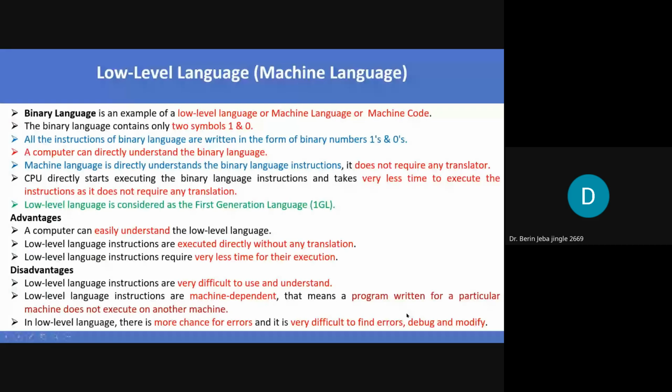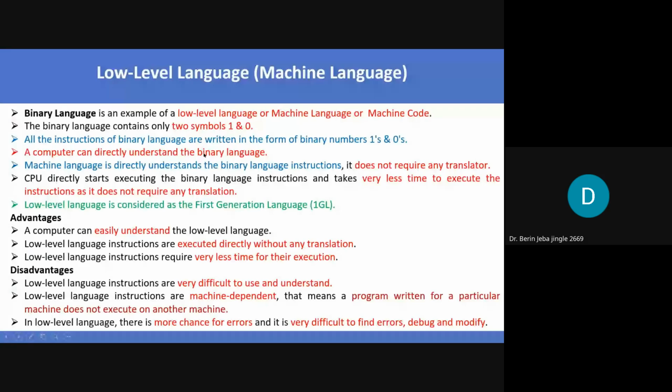So already we have studied low level languages. It is the machine level language or machine code. It has two symbols, ones and zeros, written in binary numbers 1 and 0. The programmers felt it very difficult to write machine level language programs, though it is easily understandable by the computer.